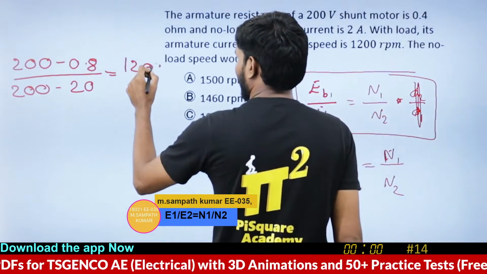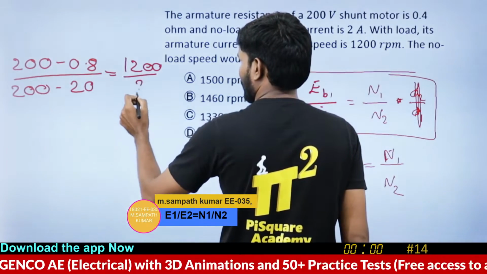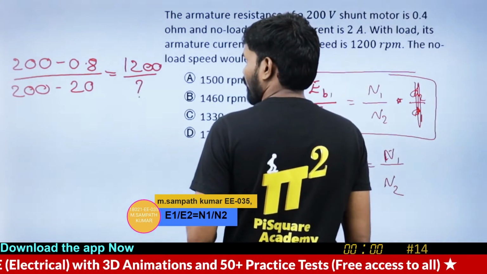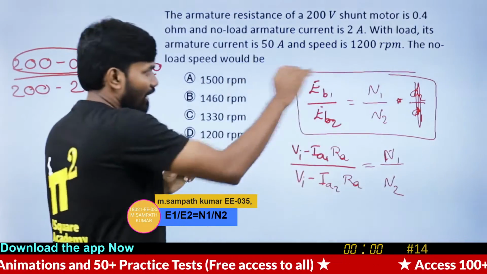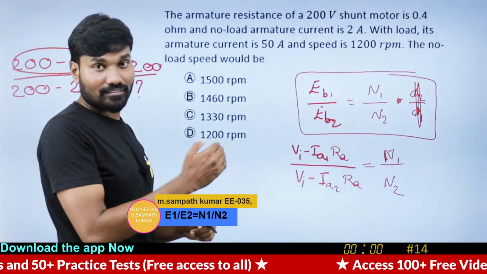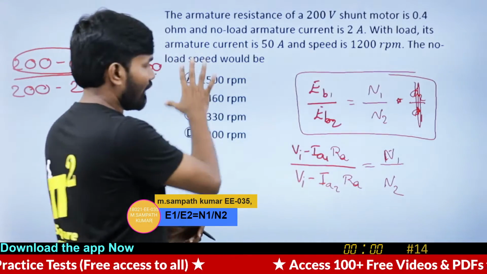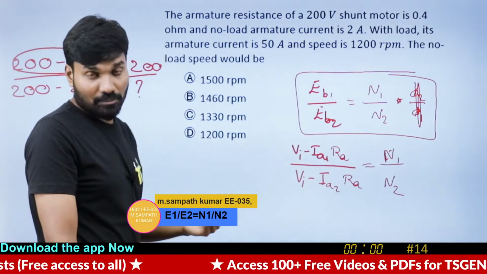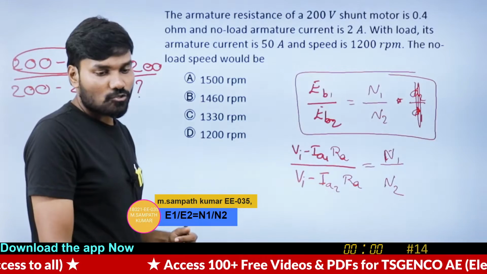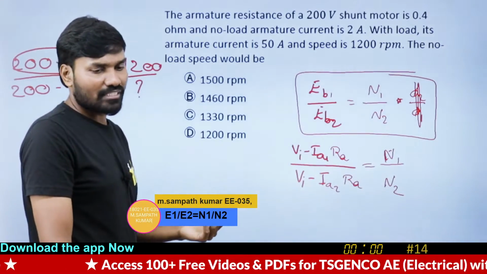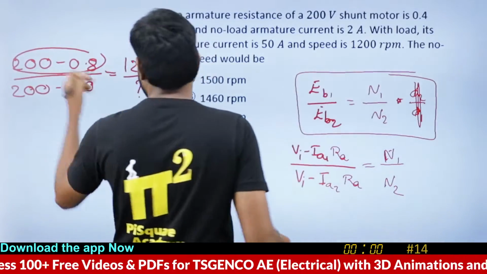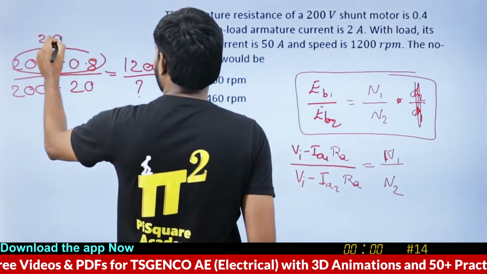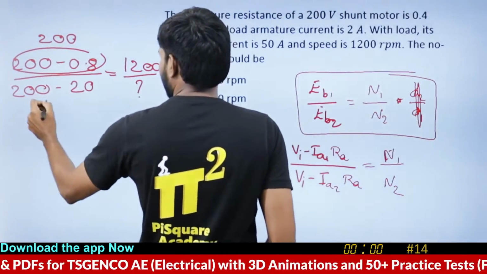So you have to figure out the denominator. Now take an approximation, guys. This is not a fill in the blank question. Rather, this has options, it's a multiple choice question, so you can pretty much guess it. This 200 minus 0.8, let's take it as 200 itself, and this is 180.